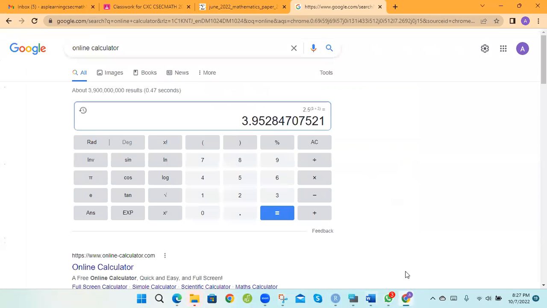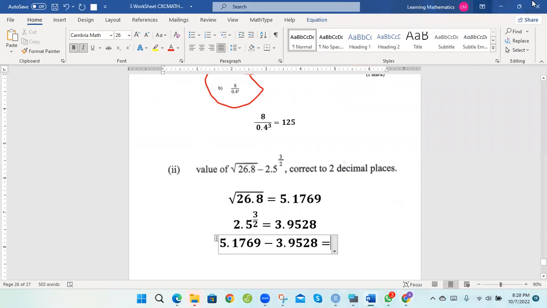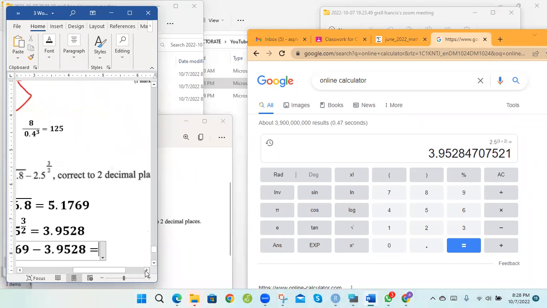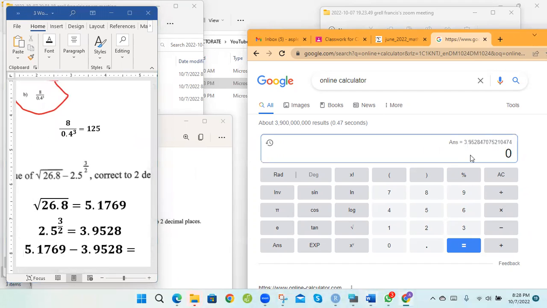So you go back to your calculator. 5.1769, subtract 3.9528, 1.2241.